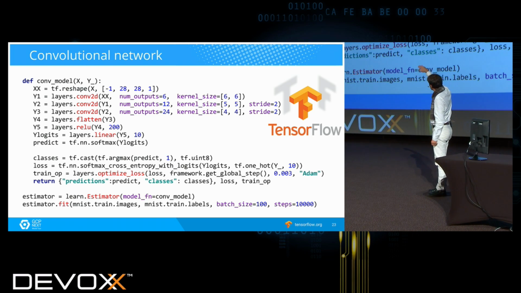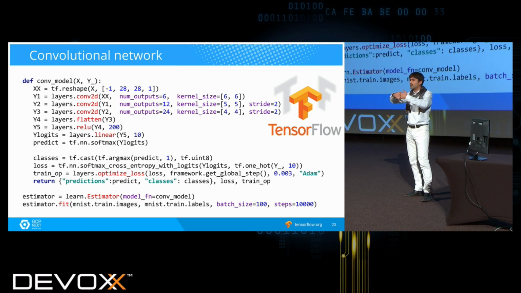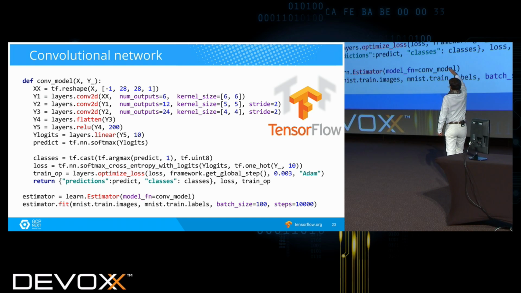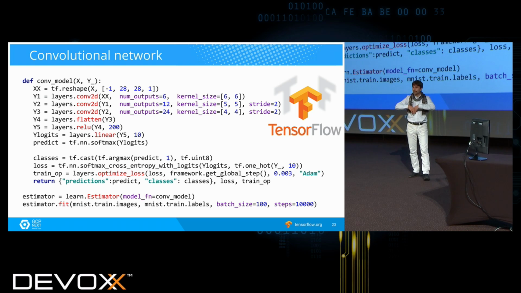You see it's layers, convolutional layer, then a layer flatten, layers Relu, that's a fully connected layer, layers linear, that is a fully connected layer but without the activation function, and so on. In tf.learn, the contract is that your model function returns a dictionary of whatever you want. So it's very flexible. I'm very fond of this API. You return a dictionary of whatever you want, depending on your problem, plus the loss and the training operation.